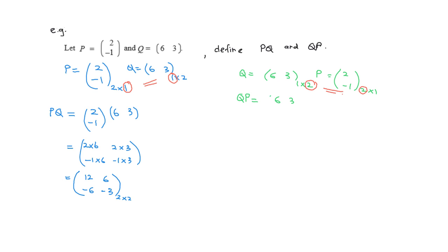What's the order of the resultant matrix here? That is 1 by 1. You have to multiply this row with this column. 6 into 2 plus 3 into minus 1. 12 plus minus 3 is equal to 9. This is the resultant matrix. Order of the resultant matrix is equal to 1 by 1.